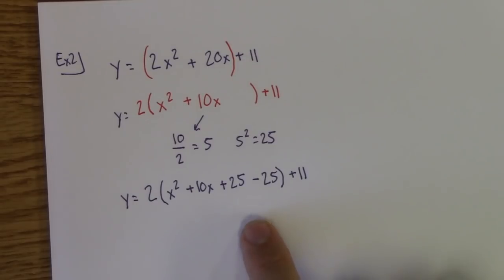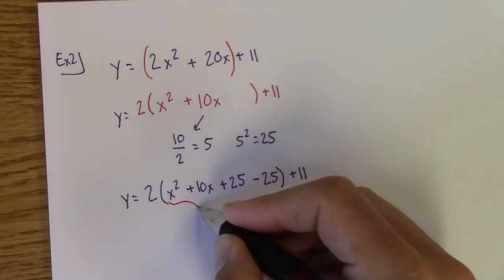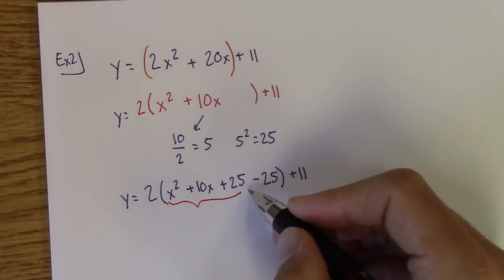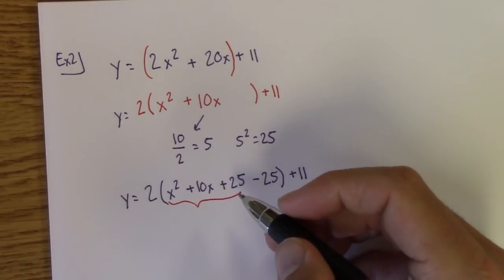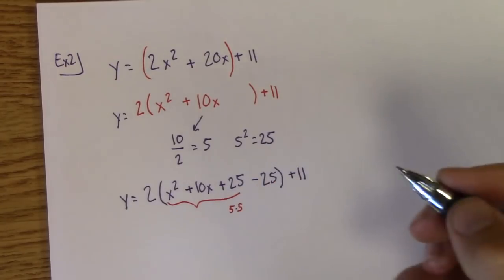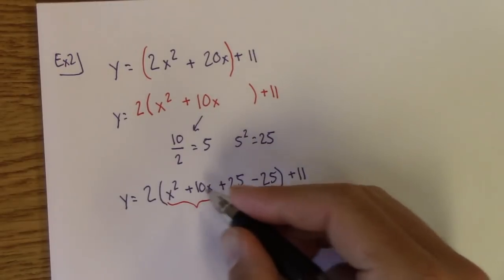Now, here's where we're at. We need to take these first three terms and factor. Two numbers that multiply to 25 and add to 10. Well, those numbers are going to be 5 times 5, because 5 times 5 is 25 and 5 plus 5 is 10.